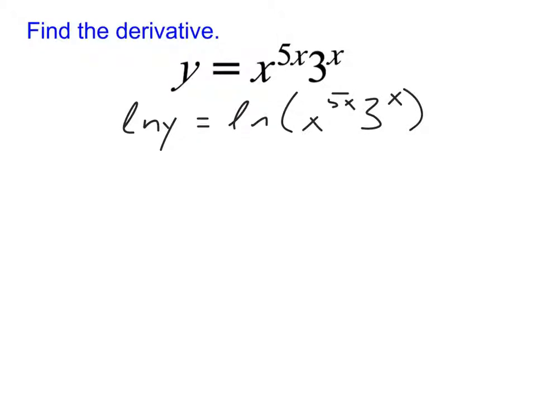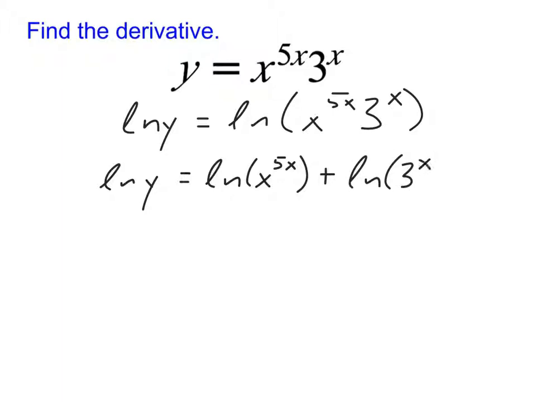And right now, I cannot just pull out the 5x and I cannot just pull out the x. But I can deal with the fact that it's multiplying here. When I multiply inside the logarithm, I can turn that into addition outside of the logarithm. So this whole thing can become the natural log of x to the 5x plus the natural log of 3 to the x.